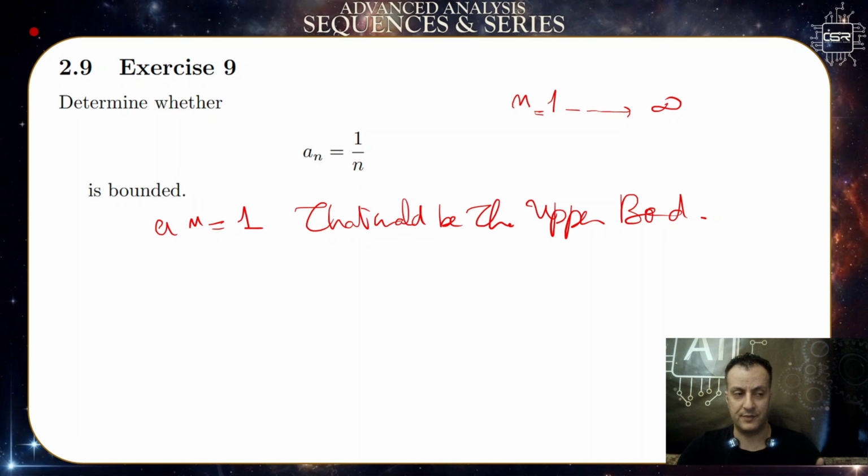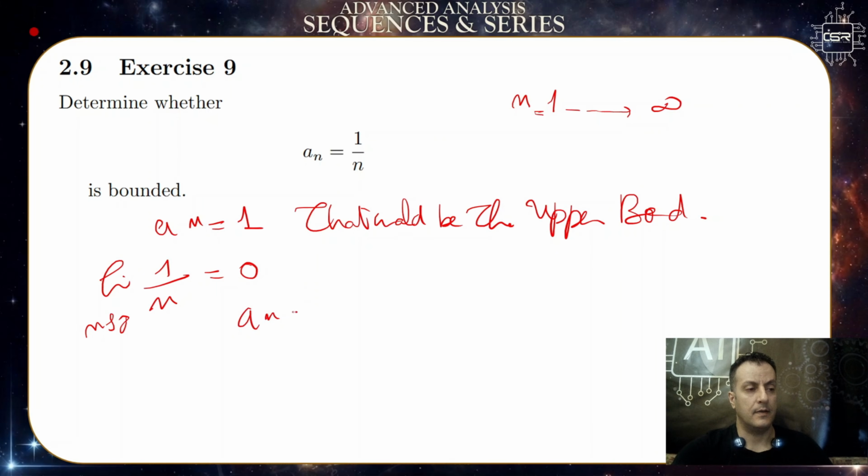It's not excluded. As for the lower bound, now, the limit of 1 over n as n approaches infinity is equal to 0. Hence, the lower bound is 0. So, a(n) exists within the interval starting from 0, but 0 is excluded, up to 1, but 1 is included.